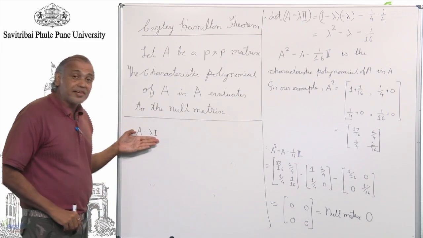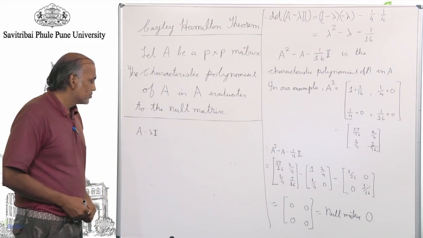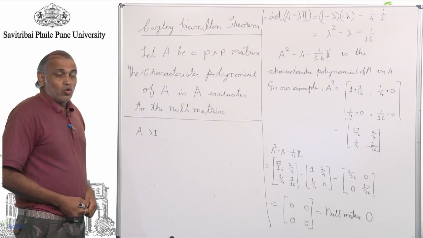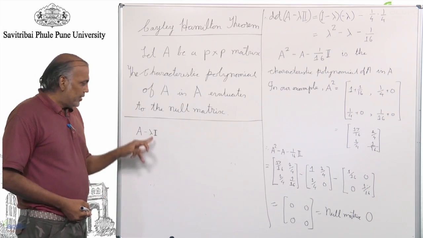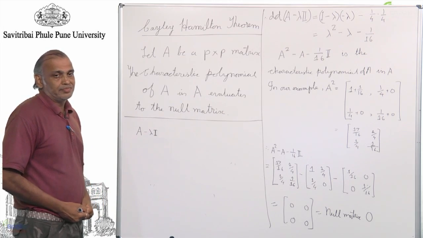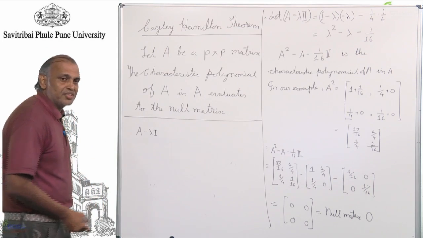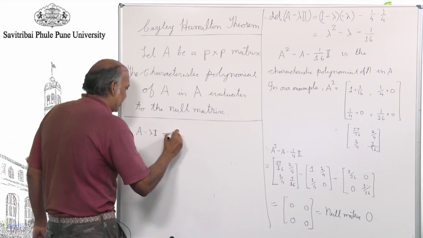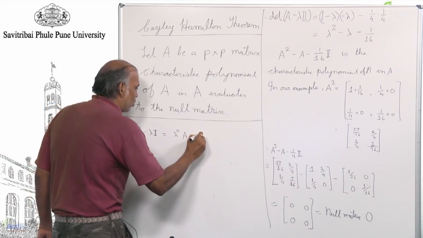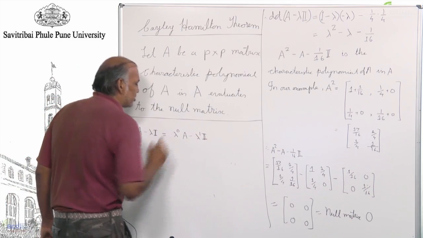This matrix expression involves two matrices and lambda, and could be thought of as a polynomial in lambda with matrix coefficients. I could say that this is basically lambda to the power 0 A minus lambda to the power 1 times identity matrix.